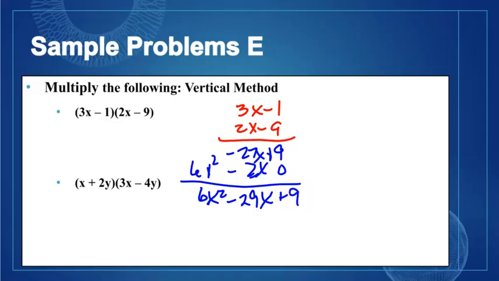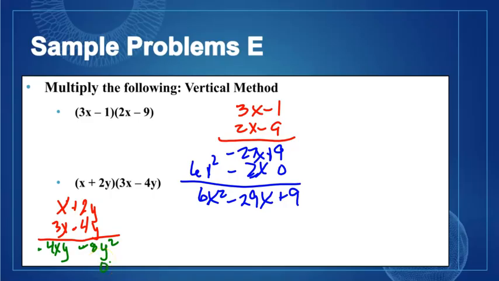And our last one here, we got x plus 2y and 3x minus 4y. If we multiply those, negative 4 times 2, that gives us negative 8y squared. Negative 4y times x is a negative 4xy. Next, we have a 0 here.